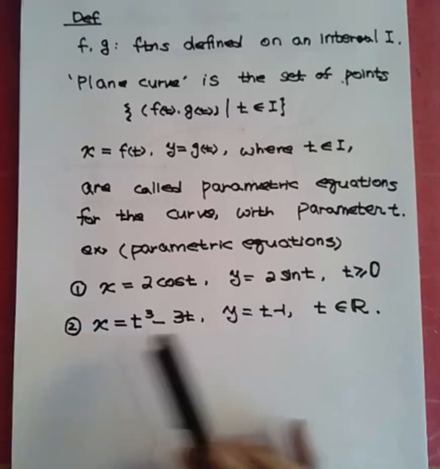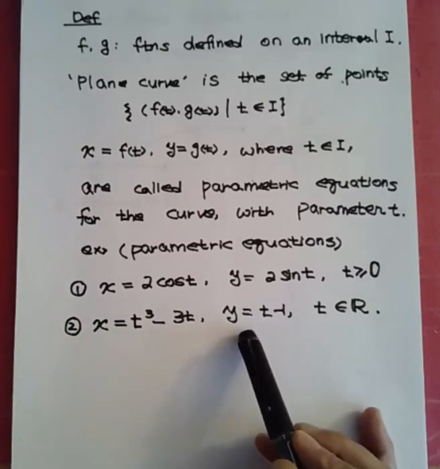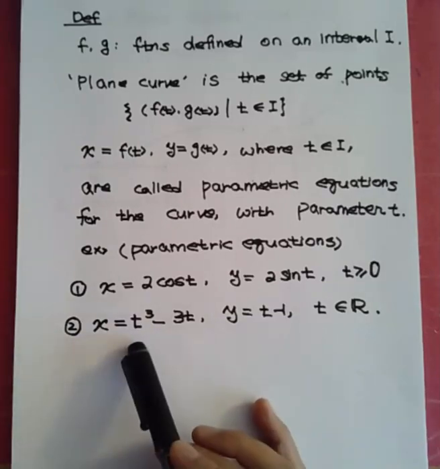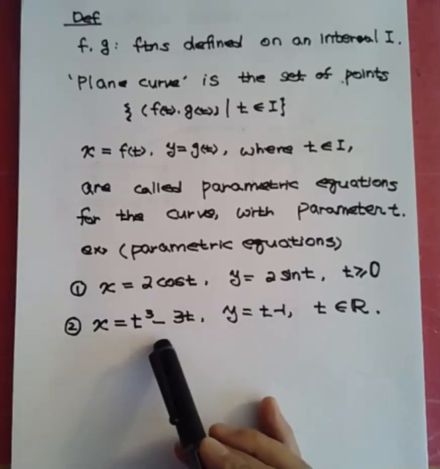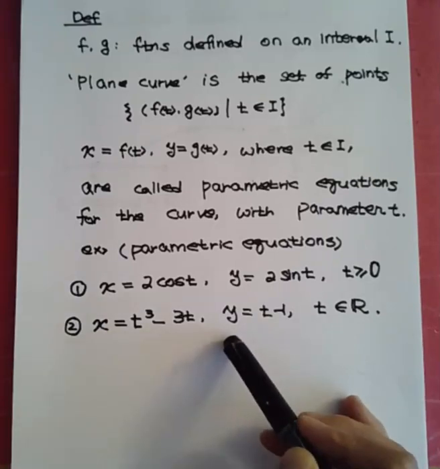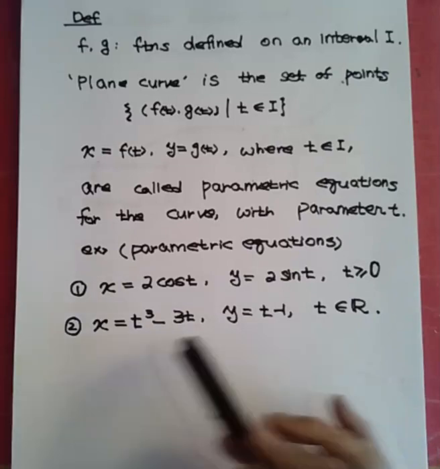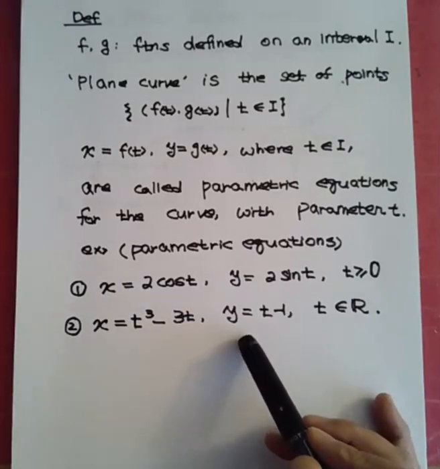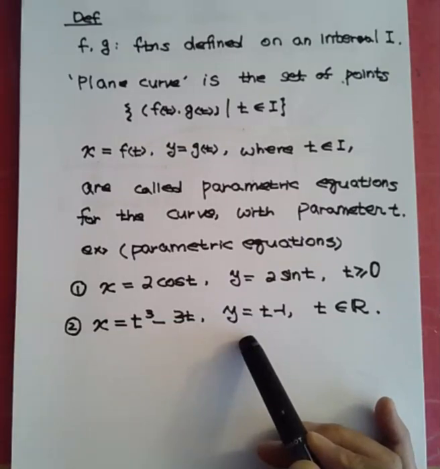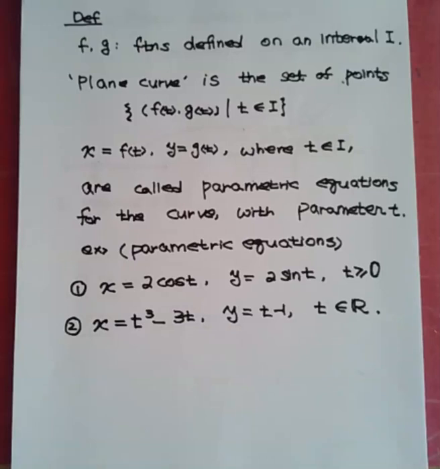However, these are parametric equations: x equals t cubed minus 3t and y equals t minus 1. By combining these two pieces of information, we can draw a plane curve. We will try to figure out how to draw those plane curves from the given parametric equations.